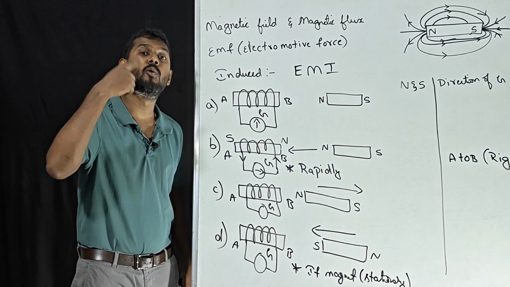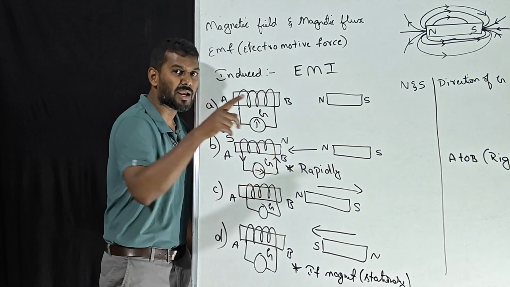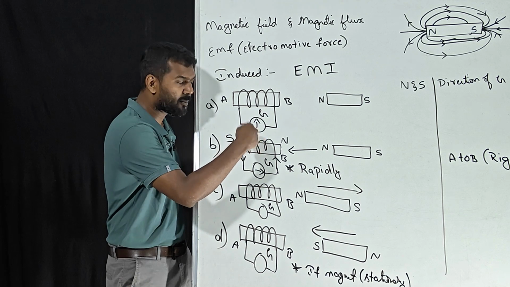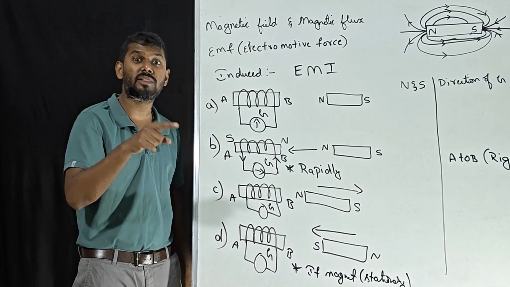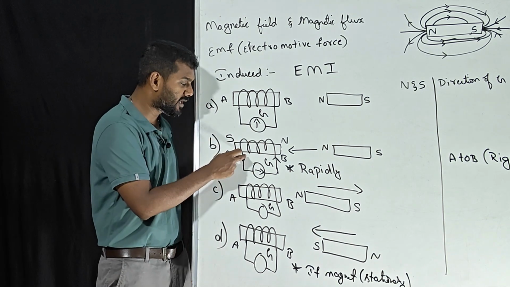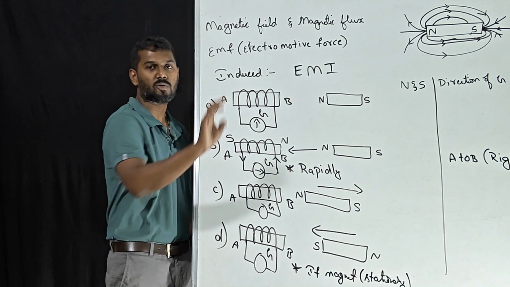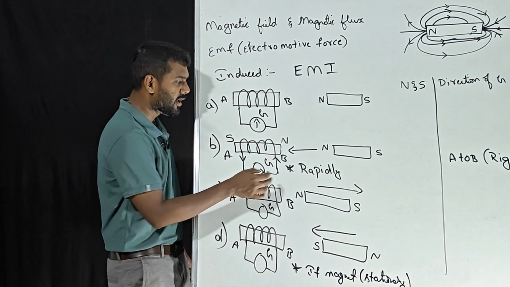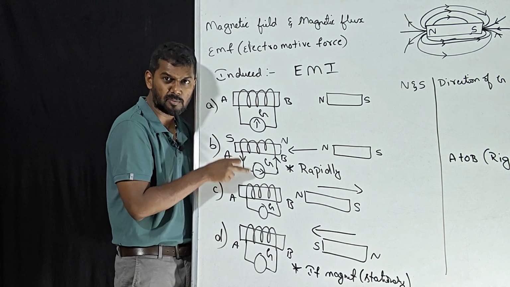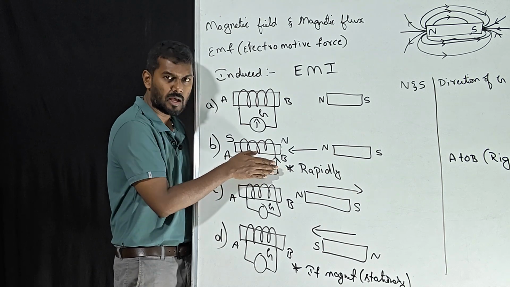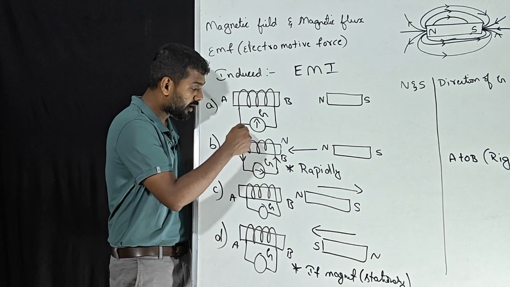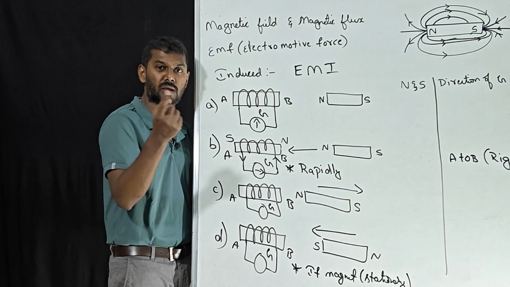More the speed, more the current. Stronger the magnet, more the current. More the number of turns, more the current. These are the three factors to increase the magnitude of current in electromagnetic induction. Understood? So if you move it fast, the direction remains the same, towards the right only, but more current will be produced.